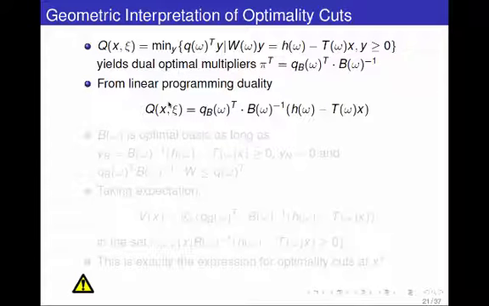Let me write it in a more analytical way. Okay. So this is our optimization problem. This is the Ax equals b matrix broken into its basic and non-basic parts.